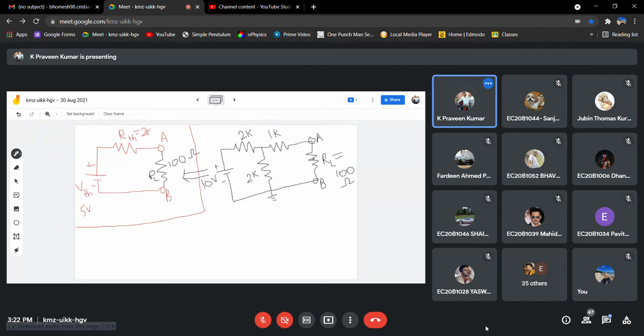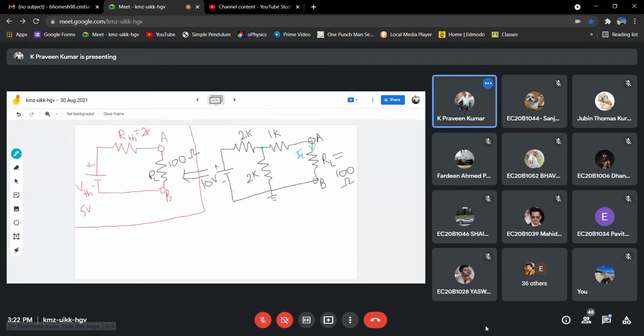First we will calculate the response in this load resistance, IL, for the actual circuit, not the equivalent circuit. So we are calculating IL, or you can calculate VL, whatever it may be. Let us take the current IL.